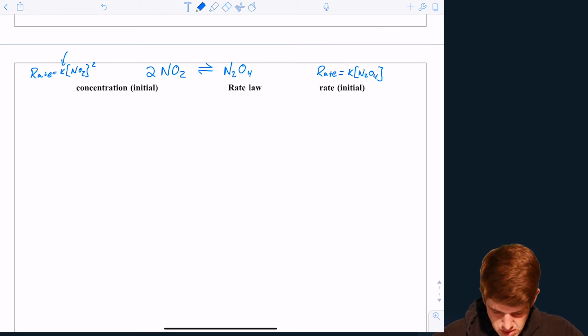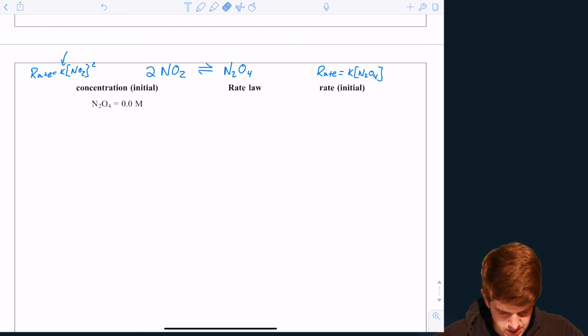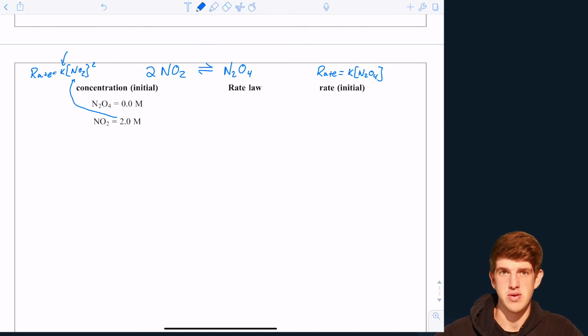So, like we said, we start off with some amount of NO2, and that amount is going to be 2 moles. We're going to input this as the concentration of NO2, and we're also going to introduce what our rate constant K is.